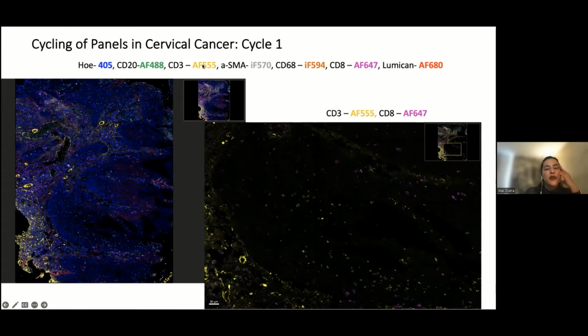So you see that the spectral overlap is huge. They basically are excited and read in the same channels. But what happens is that the CD3 will be on the T cells and the SMA will be in the vessels. So you can actually use that to minimize the number of channels that you're going to use in a microscope, but maximize the information that you get.